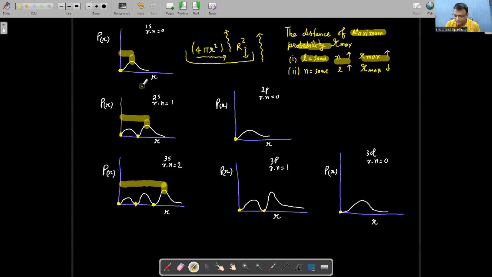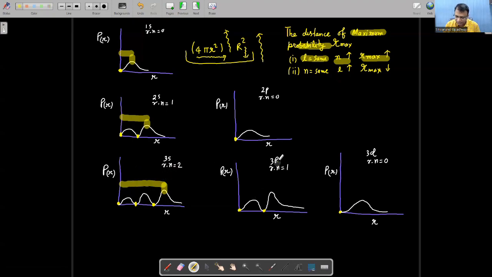And there is a second point here. The second point is, if the value of n is the same but l is increasing, we can see in the third period, 3s, 3p and 3d, there are three subshells. For 3s, the value of n is 3 but l is 0. So this is r max.